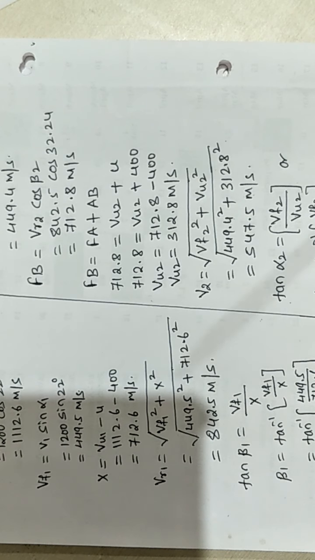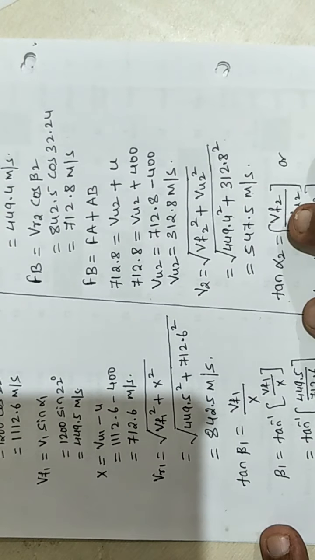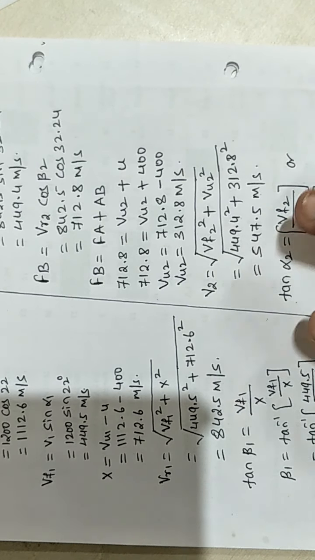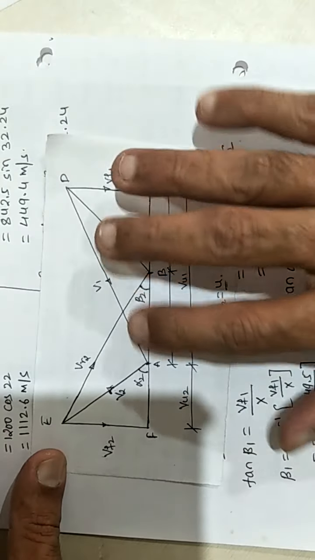So this is the same procedure you have to follow for the problems that are related to analytical, as we can say. So we have solved this problem by analytical method, and this is the general velocity triangle which we have used as a reference.